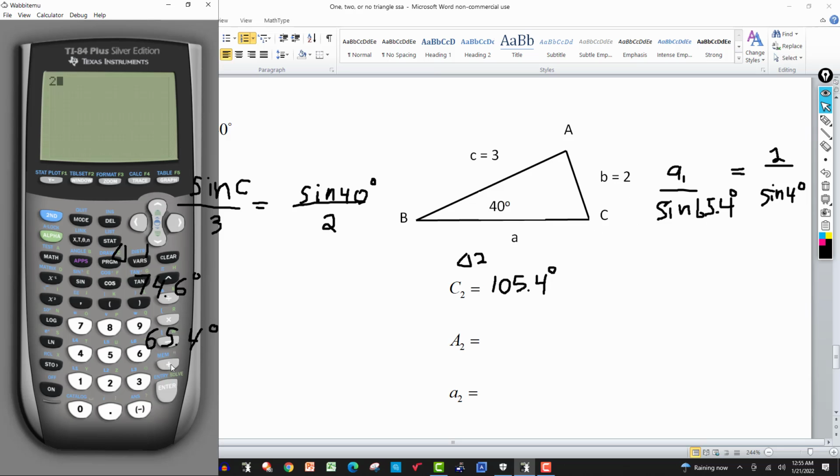So it would be 2 sine of 65.4 degrees, divided by the sine of 40 degrees.